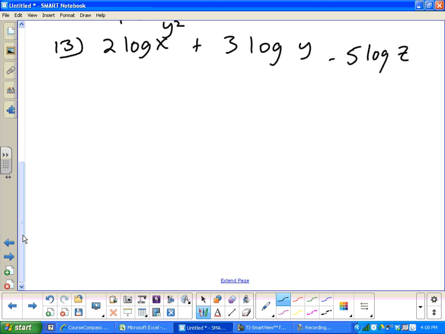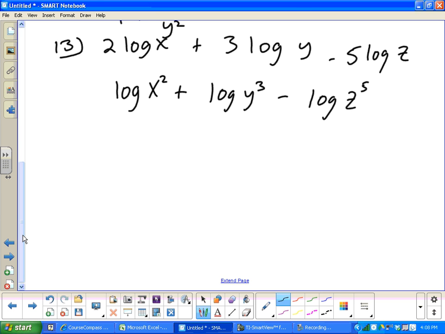Okay, and number 13, we've got 3 logarithms. Now here again, what I'm going to do is use my power property first. So that'll give me log of x squared plus the log of y cubed minus the log of z to the 5th. And so now let's use our, in this case the plus sign would be the product property, and then the minus sign would be the quotient property.